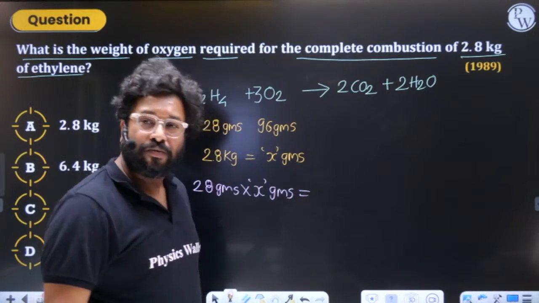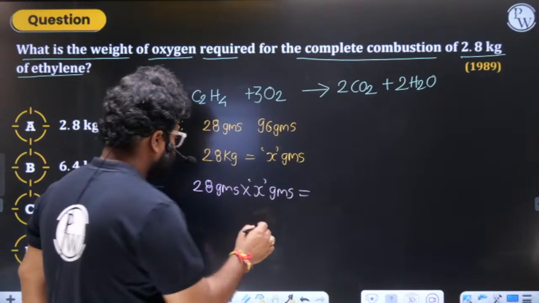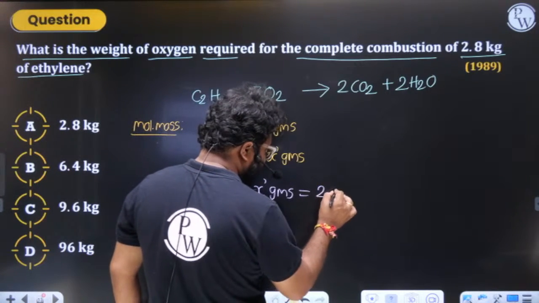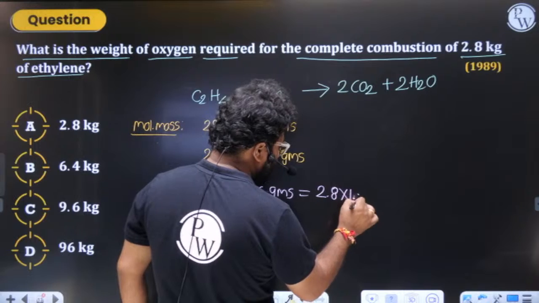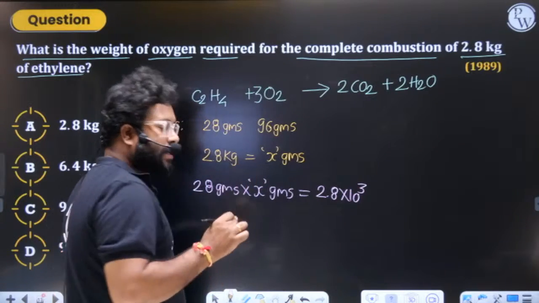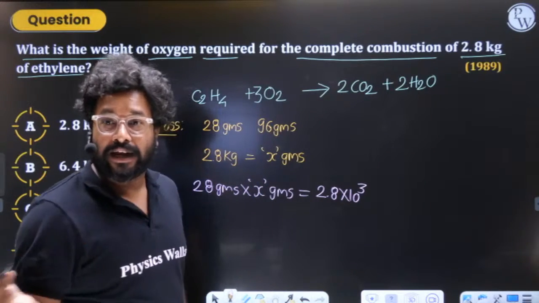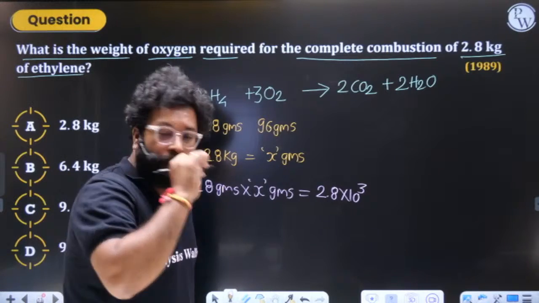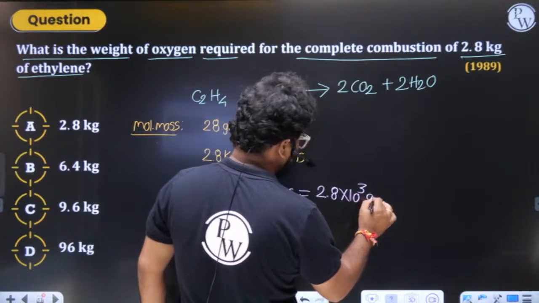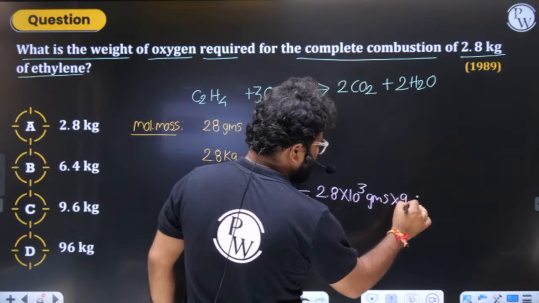Let's convert this 2.8 kg into grams. 1 kg is 10 raised to 3 grams, multiplied by 96 grams.